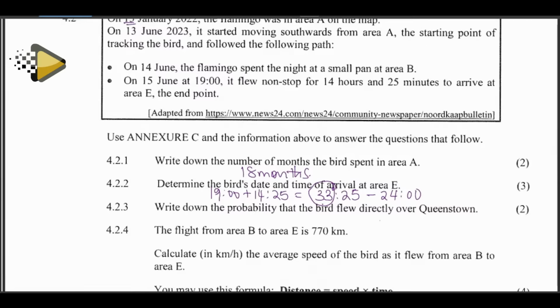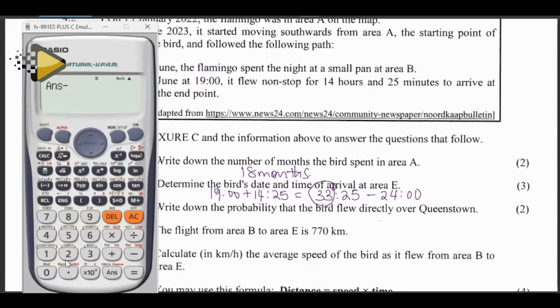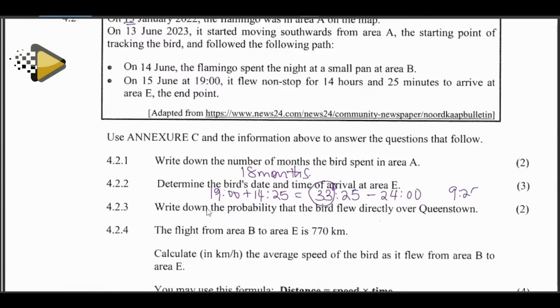So we shall come back here, subtract 24 hours. And this gives you 9:25, meaning it arrived there at 9:25. Probably this is in the morning. Okay.